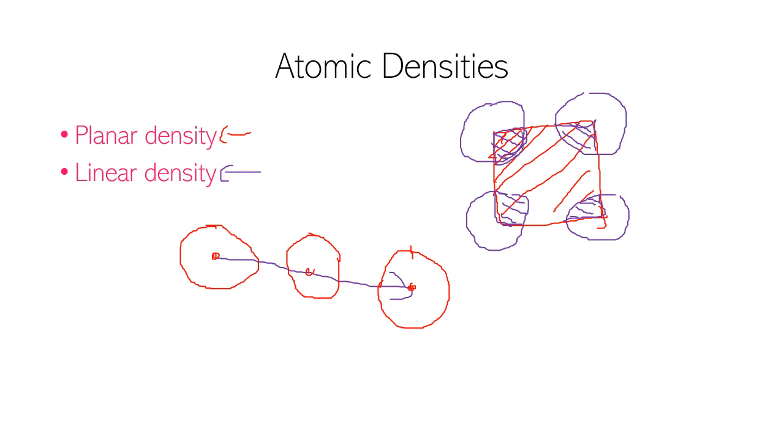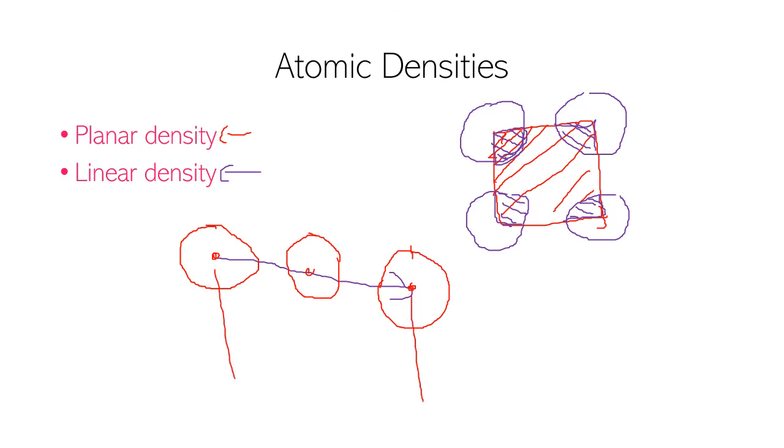Linear density is simply how much length on that direction is occupied by the atoms on that direction.